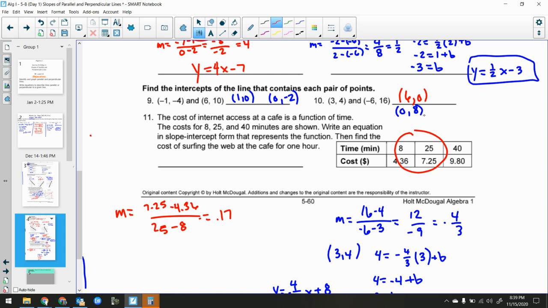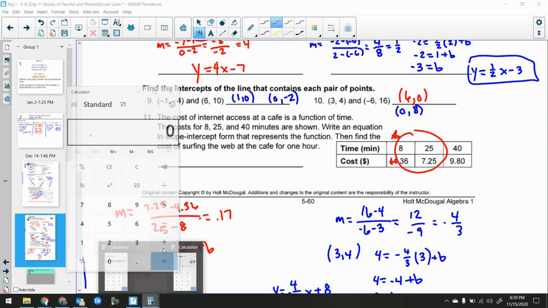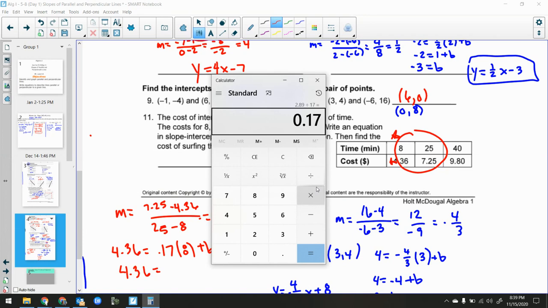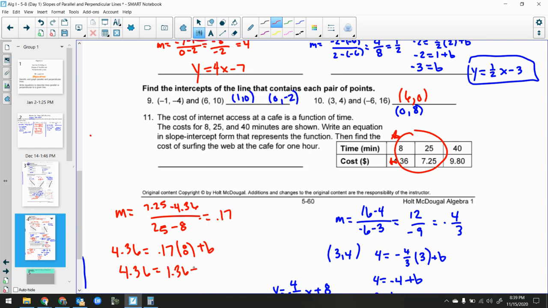Now, if my m is 0.17, let's use this first coordinate here and say y equals mx plus b. So 4.36 is equal to 0.17 times 8 plus b. 0.17 times 8, and then I'm going to subtract that away. So I've got 1.36 here plus b.